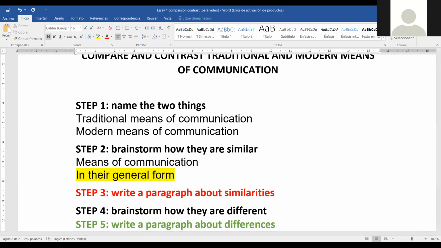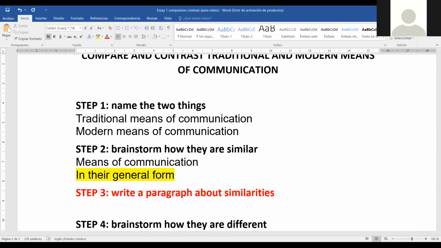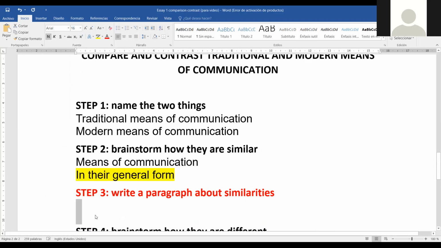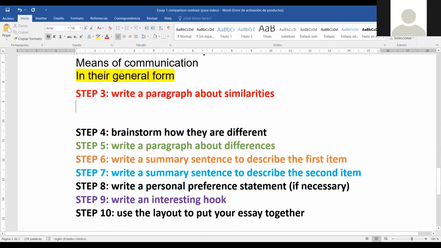In step 3, you have to write a paragraph about similarities. So in this part, just a second. Okay, I'm gonna write about their general form. I'm gonna copy my paragraph from the one that I have already been working on.